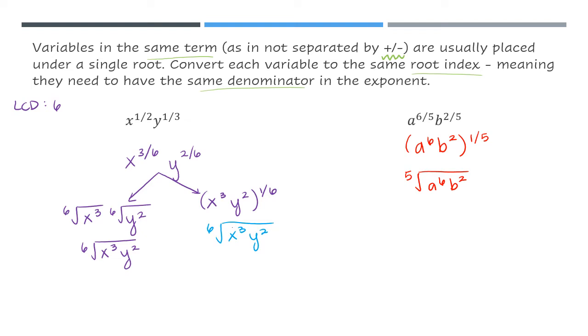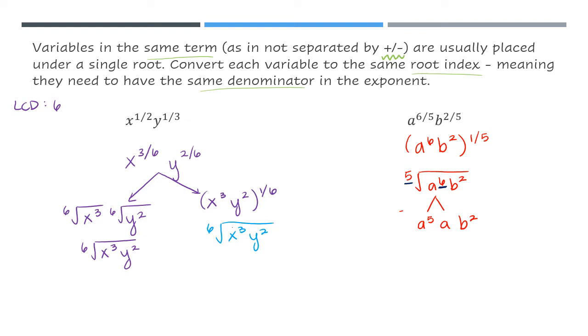We may be tempted to just call it good here, but this is actually not simplified. The reason I know I can keep going is because there's an exponent underneath my radical sign that is larger than the index. Whenever that's the case, I can keep simplifying. So I'm going to break apart a to the 6th into a to the 5th times a. My b squared, I'm not really going to be able to do much with.